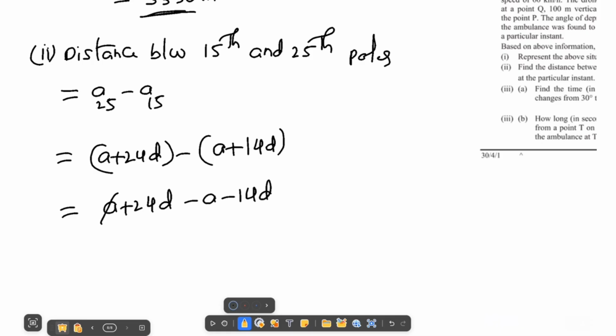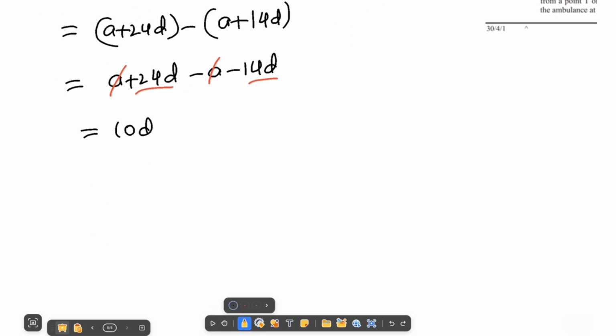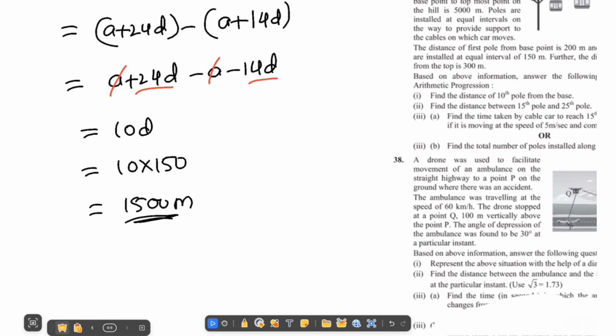So A minus A gets cancelled. Next we have 24D minus 14D, which equals 10D, 10 times the common difference. So 10 into 150 is 1500 meters. The distance between the 15th pole and 25th pole is 1500 meters.